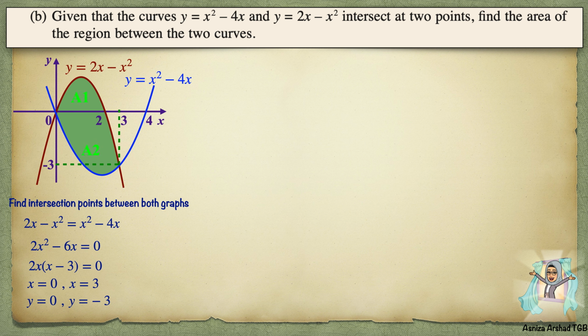So it involves two areas. One is the area between the curve y equals 2x minus x squared and the x-axis.